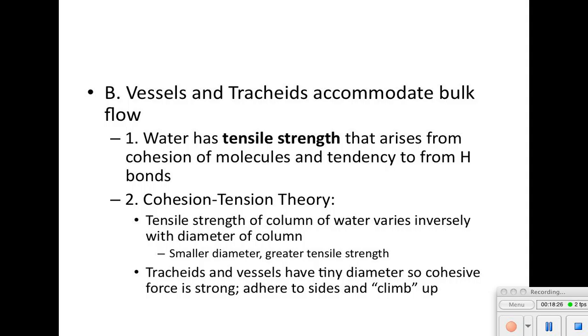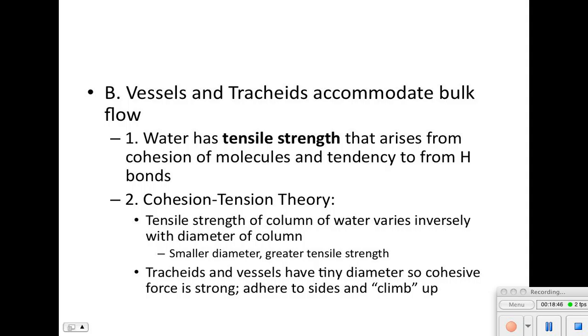Moving on to those vessels and tracheids. So remember, water has this tensile strength, all from that cohesion of molecules. And cohesion comes from those hydrogen bonds, because water has unique properties due to those hydrogen bonds. So we have this cohesion-tension theory, where the tensile strength of the column varies inversely with the diameter of the column. So we're looking at the strength of water based on the diameter that it is in.